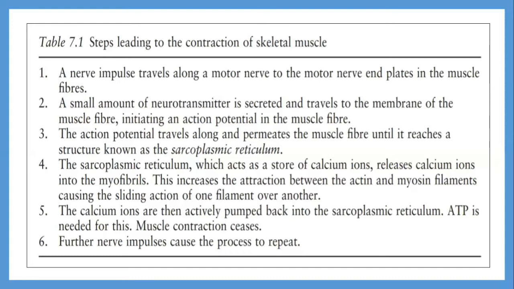Now, according to Goiten 1991, the duration of the calcium pulse from release to reabsorption of calcium ions is about 1/20 of a second. Therefore, in order for continuous muscle contraction to occur, a new impulse must reach the muscle after the calcium pump has removed the calcium ions.